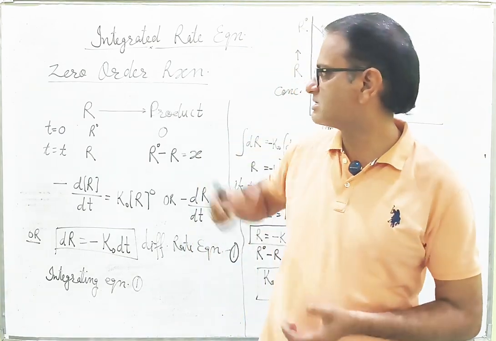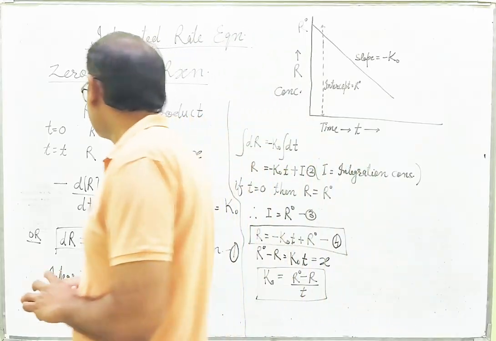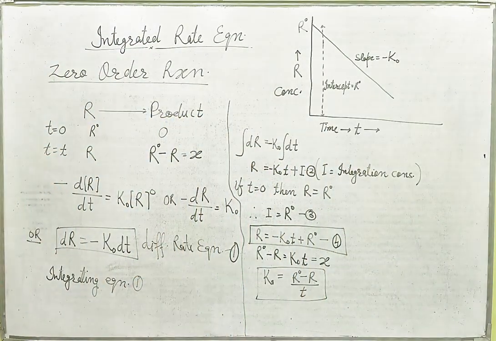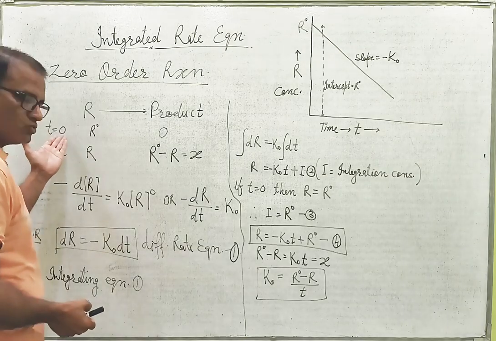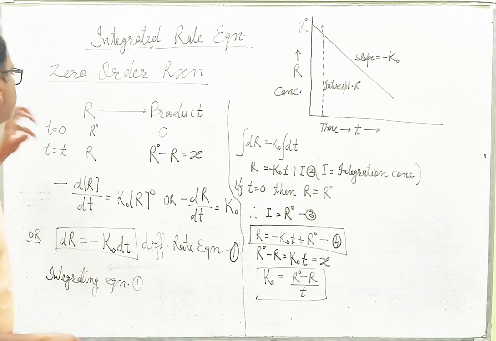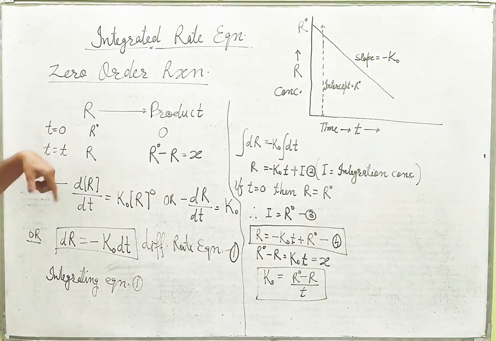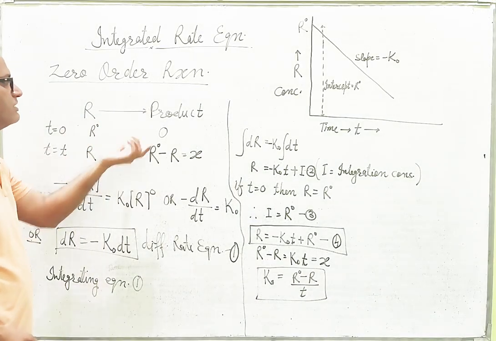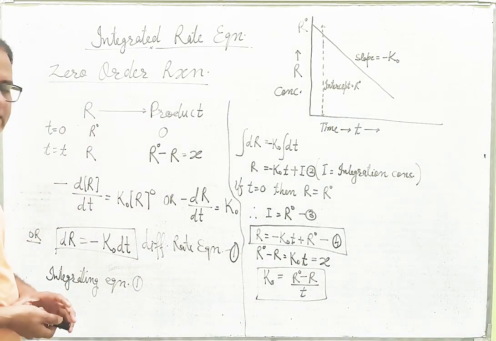Let us take a reaction in which the reactant R is converting into product, and suppose it is a zero order reaction. So at time t0, when the reaction did not start, at that time the initial concentration was R0, and of course product was 0, am I right?